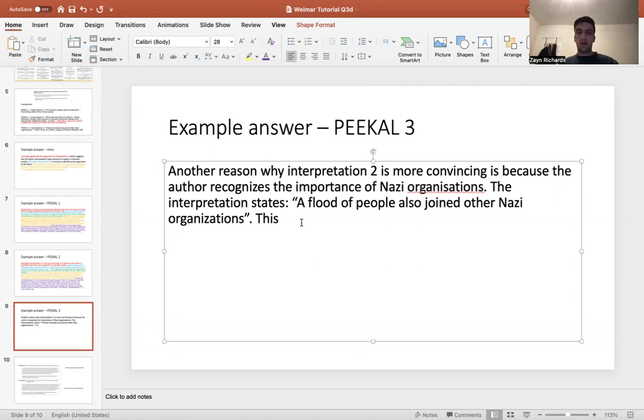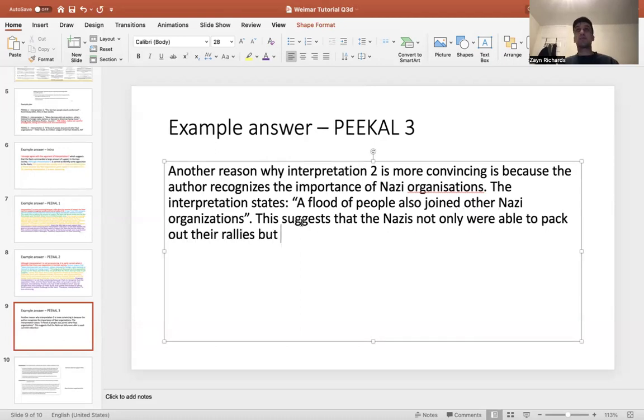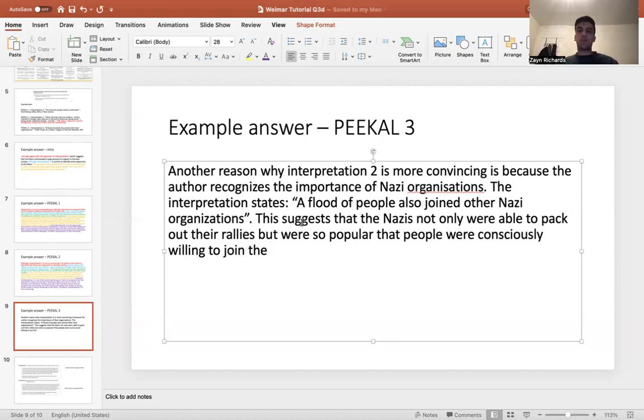This suggests the Nazis not only were able to pack out their rallies, but were so popular that people were consciously willing to join Nazi organizations.